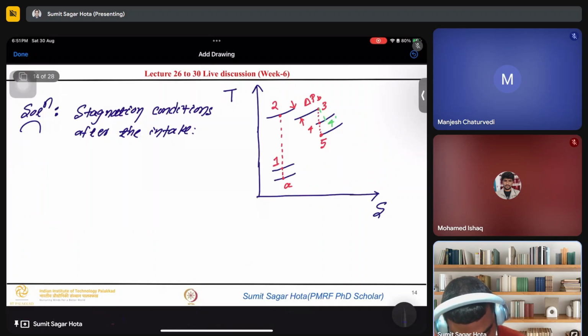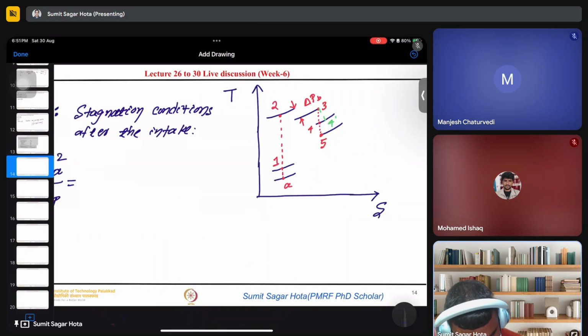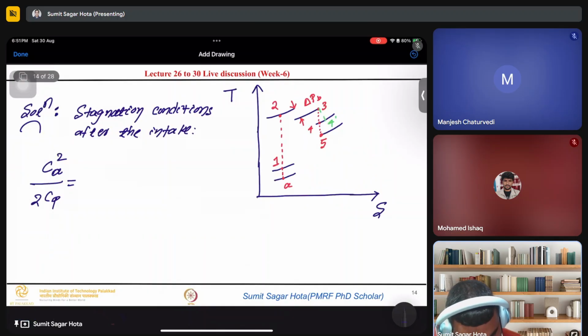For that we are assuming the ambient condition, that is Ca square by 2 times Cp. Ca is the Mach number into the speed of sound given at 10,000 meter, M into a. So it is (M into a) square by 2 Cp.